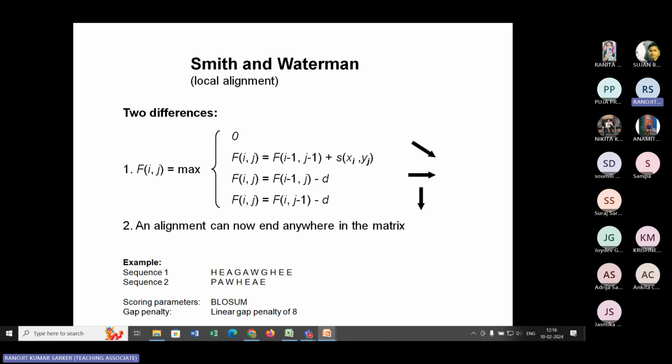Now these two proteins will be functionally similar, but they will accumulate a number of mismatches. That means the dissimilarities will increase in between these two sequences.